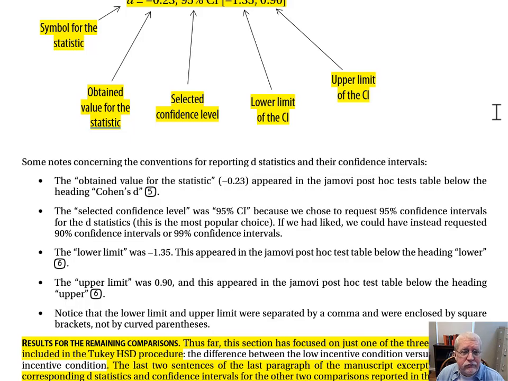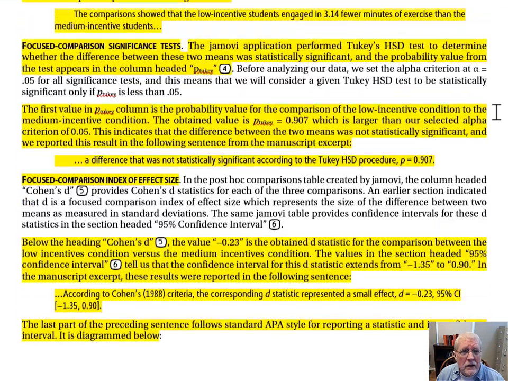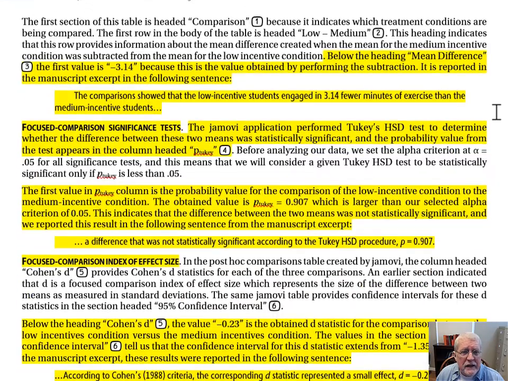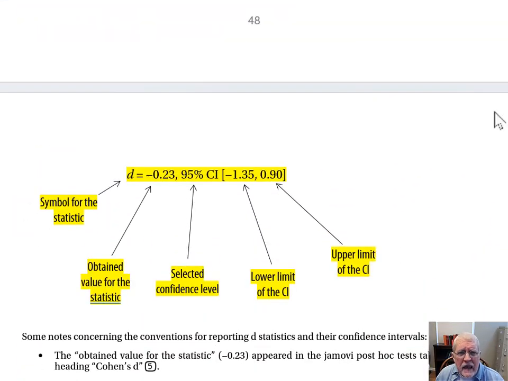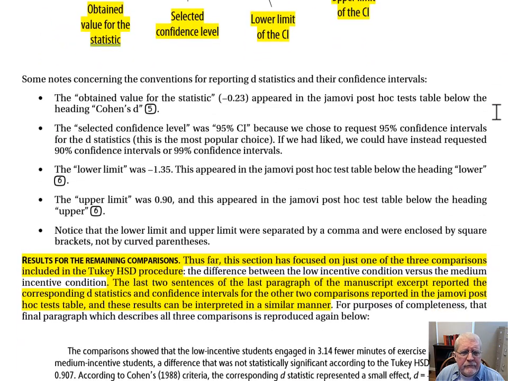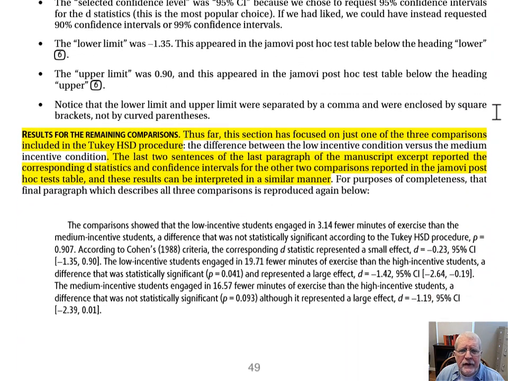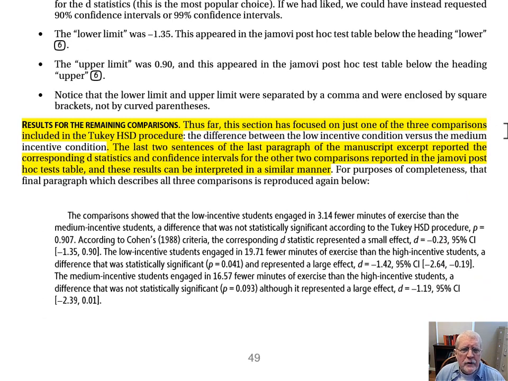So that was just one comparison. That was the low versus medium comparison. That's only one of my comparisons. What about the others? Go back to page 49. Halfway down page 49, we have results for the remaining comparisons. Thus far, the section is focused on just one of the three comparisons included in the Tukey HSD procedure.